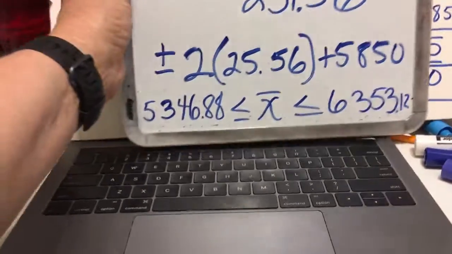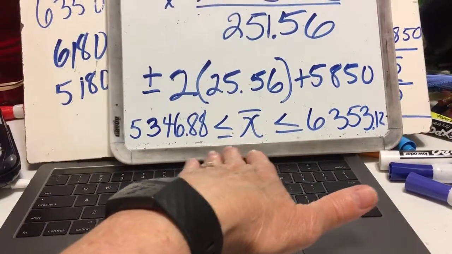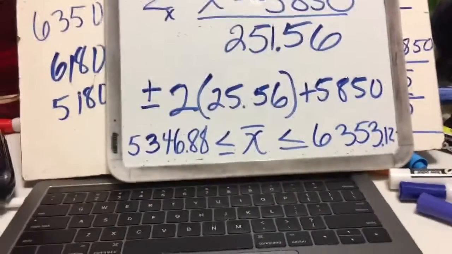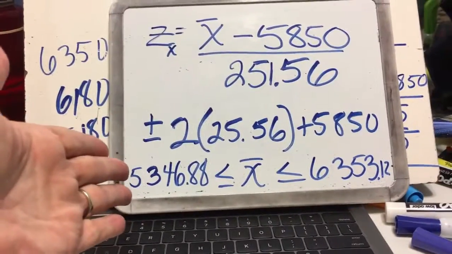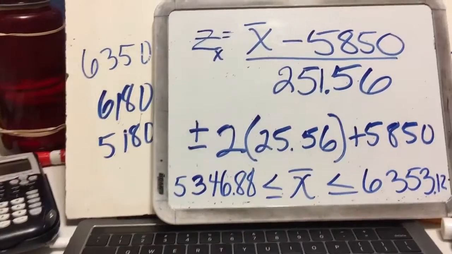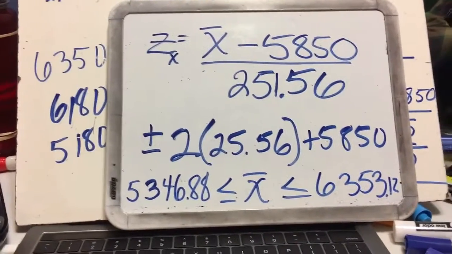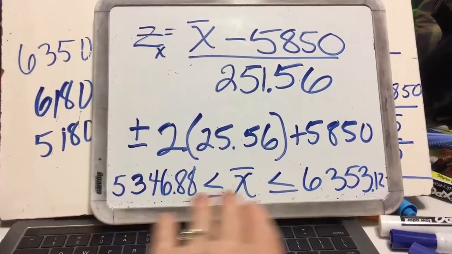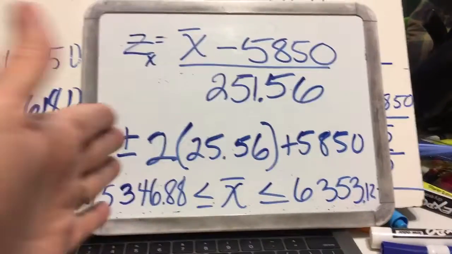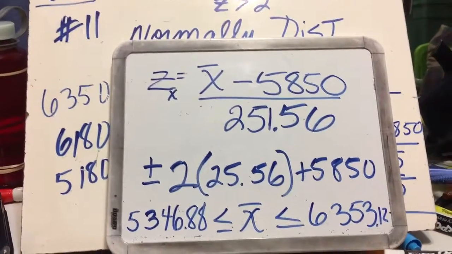Especially this method would be great if you were told to give the boundaries for the reasonable area, or if you were given a whole bunch, not just 3, that you had to do. Instead of plugging them each in, you could find where the significant values start on the left and the right. So that's the end of that problem.